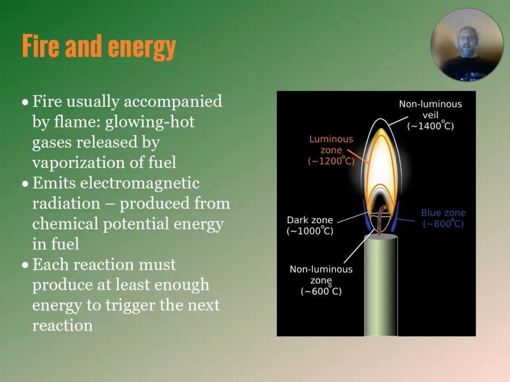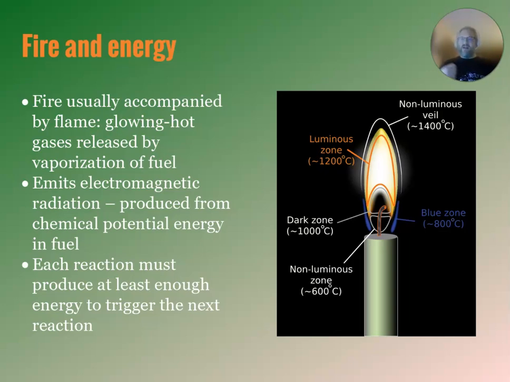So each reaction, so each time we stick an oxygen molecule together with a fuel molecule and produce those byproducts, needs to produce at least enough energy to trigger the next reaction. So each of those reactions requires a little bit of energy to get it going, to trigger it. Right? Things don't just spontaneously burst into flame.